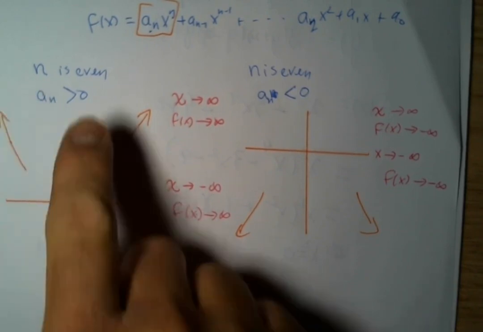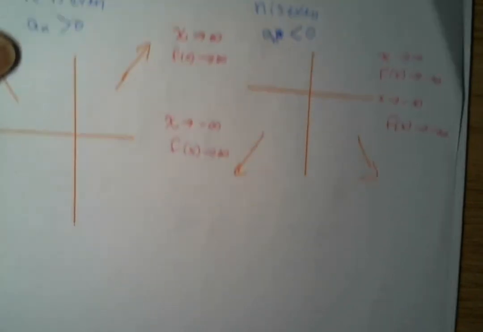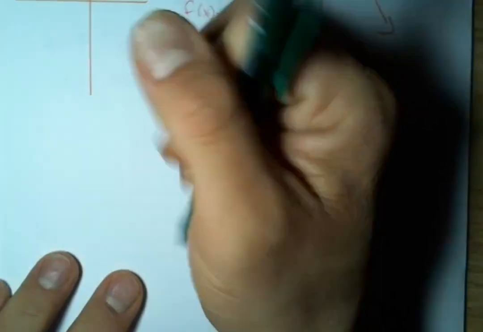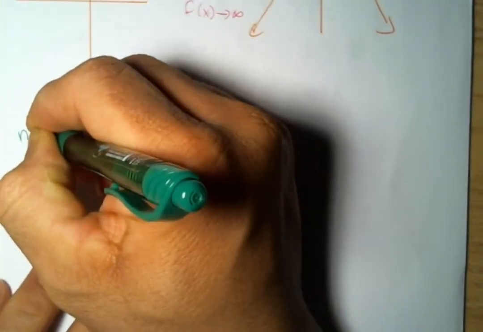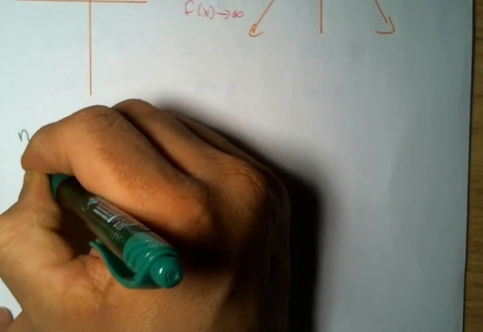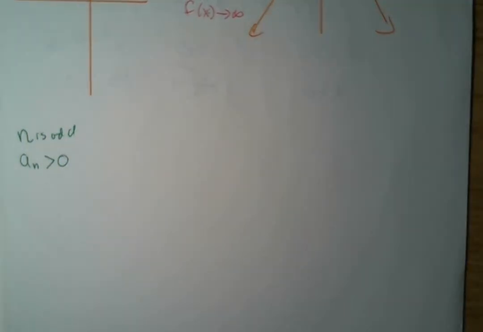All right. So the other two cases we haven't looked at are when n is odd. We have two more cases here. What happens when n is odd and the leading coefficient is positive, greater than 0?